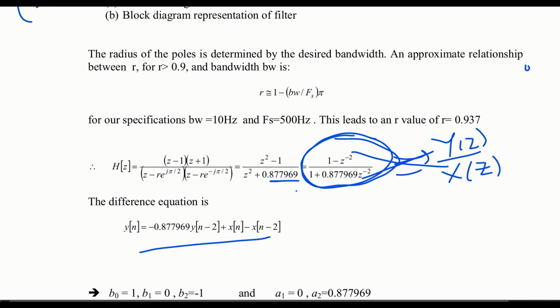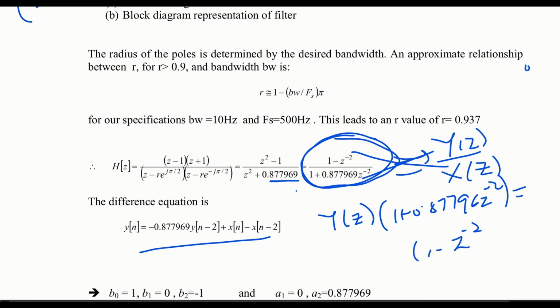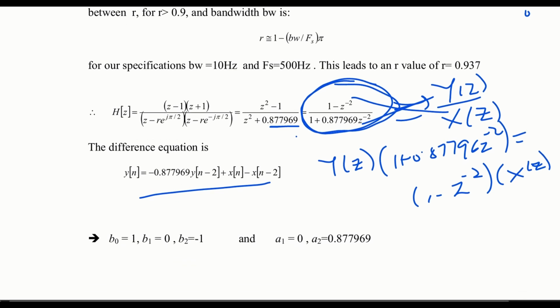So what you can do is imagine multiplying here by the denominator and down by the numerator, so that you have y of z times 1 plus 0.87796 z to the minus 2 is equal to 1 minus z to the minus 2 times x of z. Now you can expand and find the inverse z transform.